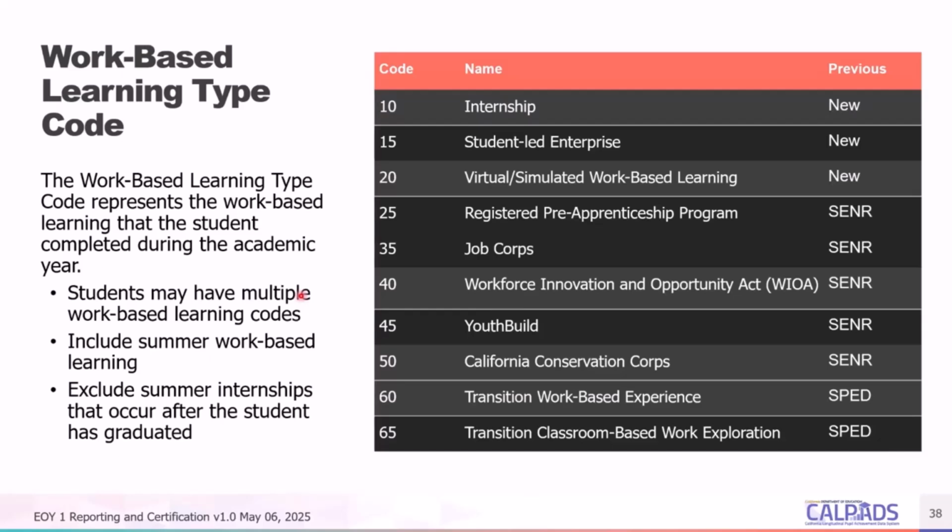However, you have to understand that any work-related job or experience that the student is in shouldn't be reported. It should be specific to a class. So if a student just goes out of school for a few hours to work at McDonald's and it's not part of a school-based program and the student is not in a course that endorses that, then of course you shouldn't be reporting that as a work-based learning experience.